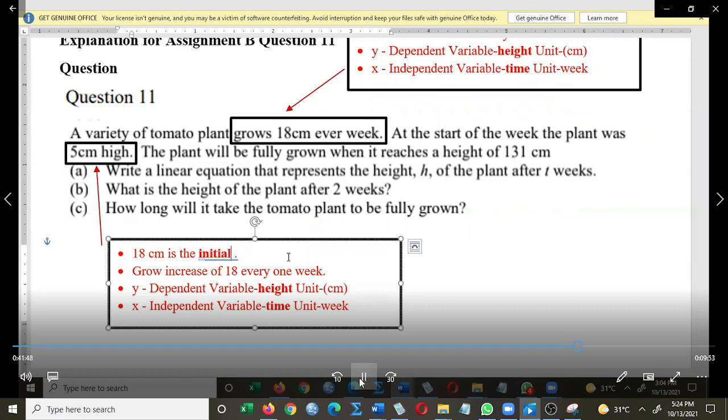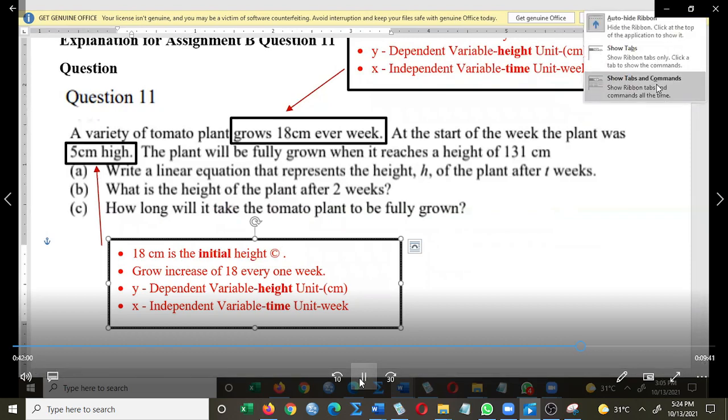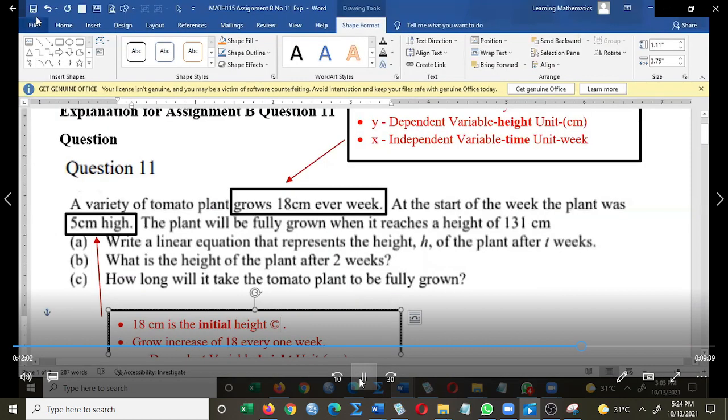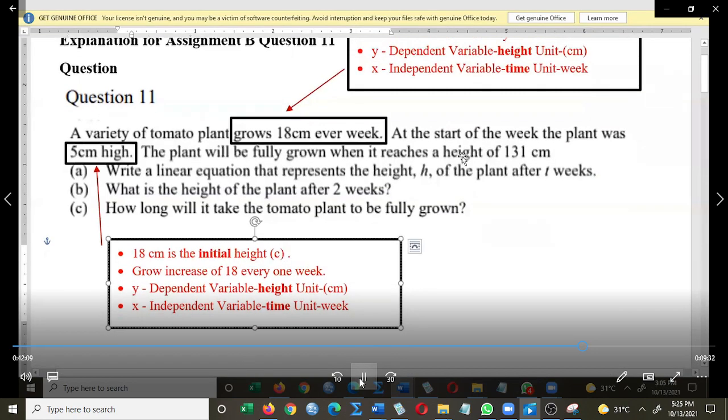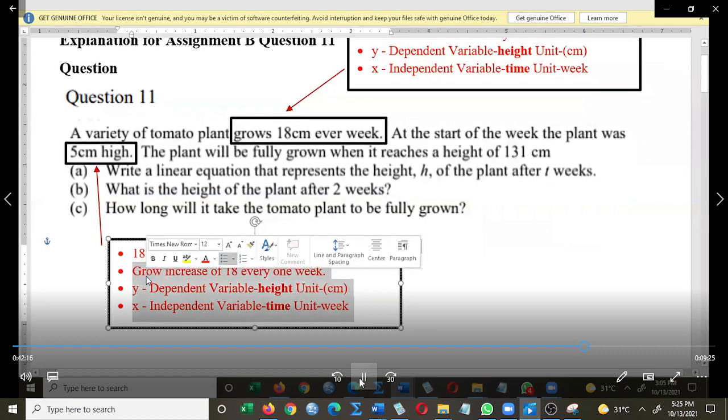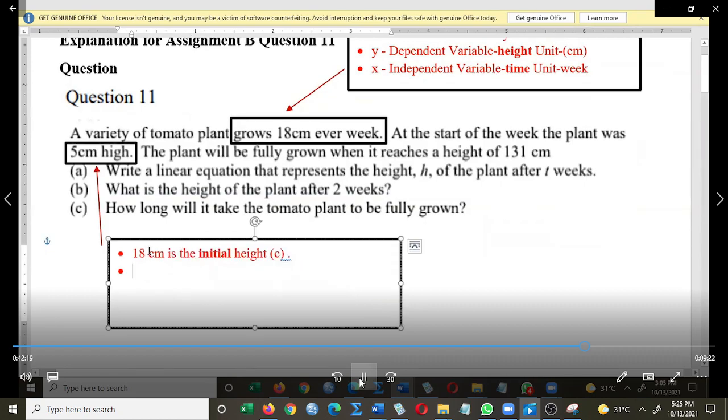Let's put it in bold: initial height, and that would be c, the y-intercept. Therefore, we have the m and we have the c. 5 is the c.